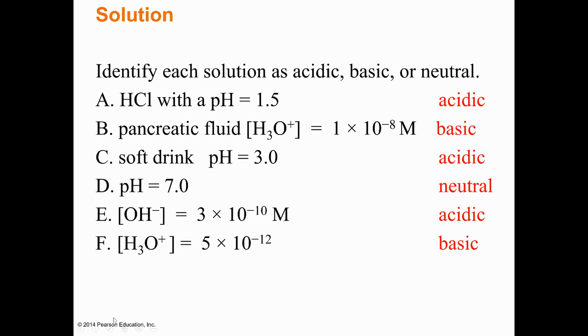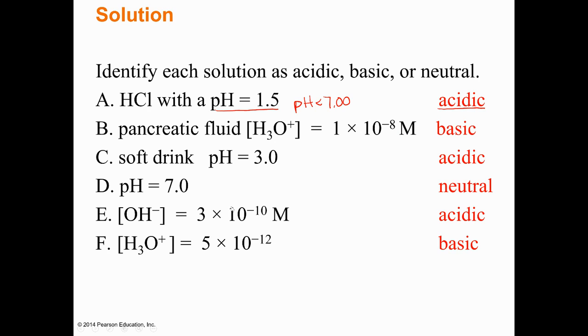So let's test this out. If HCl has a pH of 1.5, that pH is less than 7, so that would make it an acid solution. The pancreas fluids have a hydronium concentration of 10 to the minus 8.